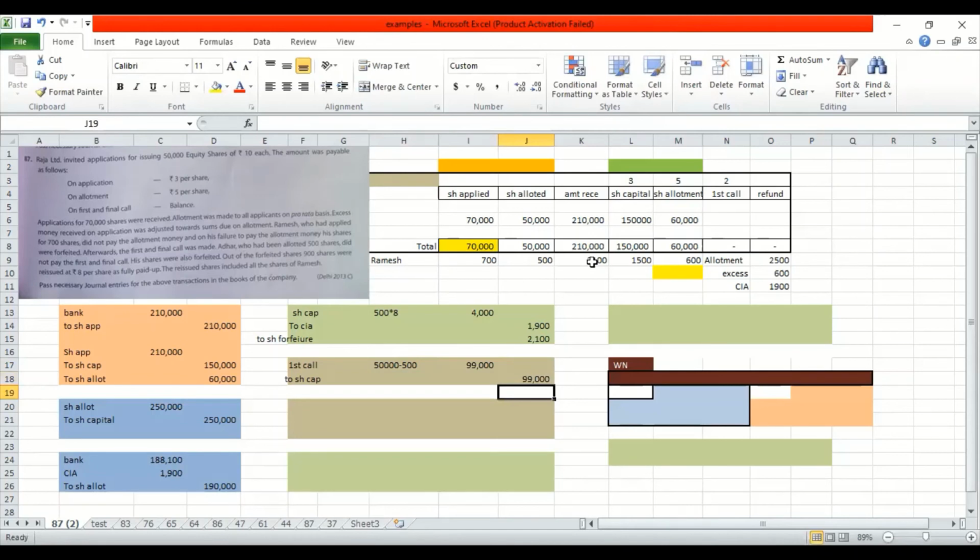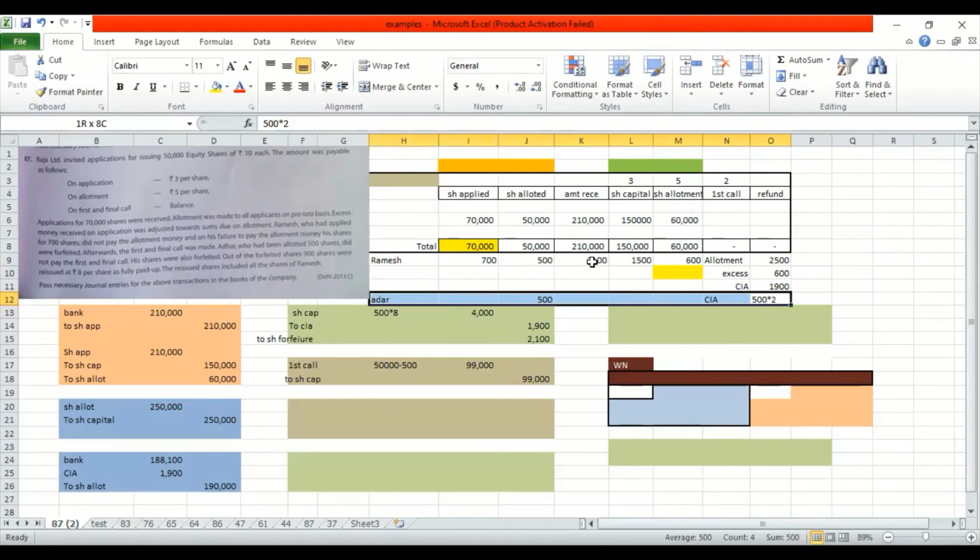Now when you ask this amount, did everyone pay? No, there is somebody by the name Aadhar who was allotted 500, did not pay first and final call. So I just write here Aadhar. He was allotted 500. What did not pay you? He did not pay the first and final call. That means the call in arrears for him would be straight away 500 into 2 rupees because he did not pay this 2 rupees.